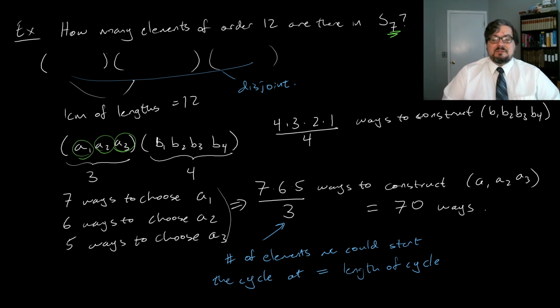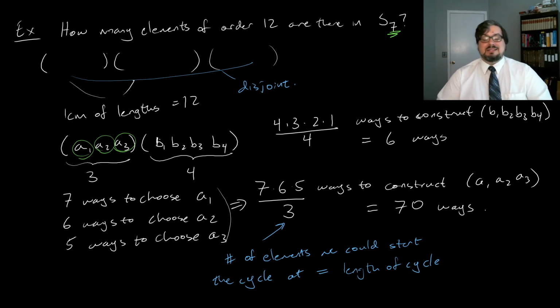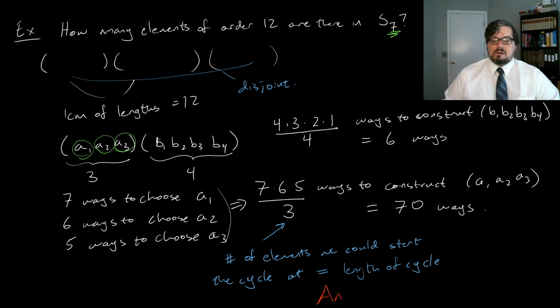But of course, we need to divide that by 4 so that we don't double count things the same way that we did before. So this gives us a total of 6 ways to construct our 4-element cycle once we've constructed our 3-element cycle. So our answer then is 6 times 70, which is 420 elements of order 12.